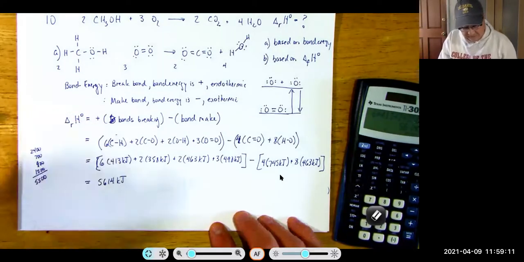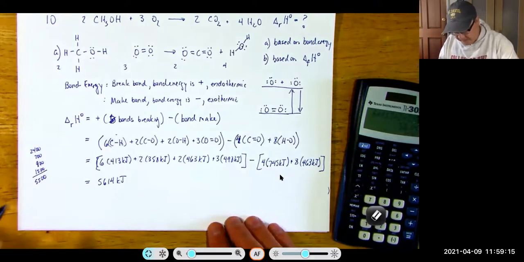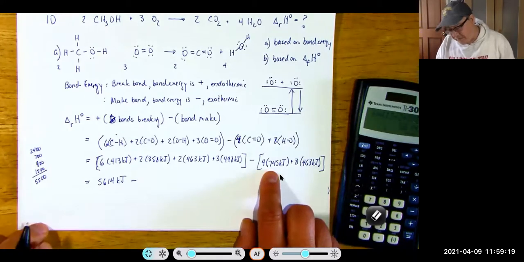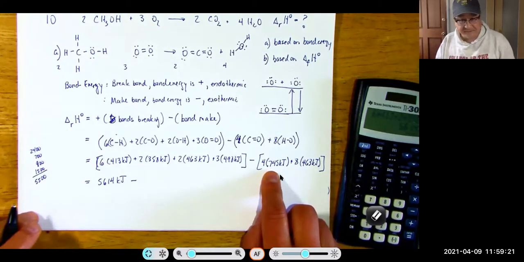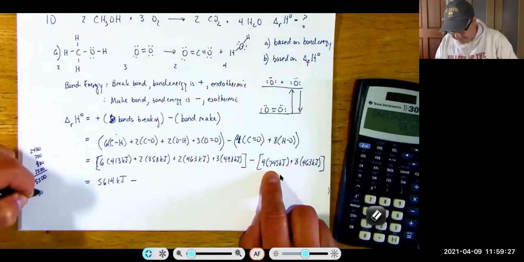And my estimate was 5,500, so I'm pleased because I'm within 10%. Now minus, what's 4 times 745? Well, 745 twice is going to be around 1,500. So that's going to be minus 3,000.